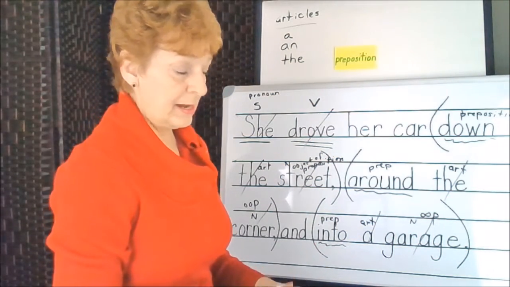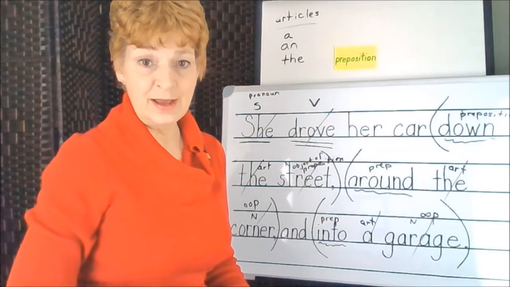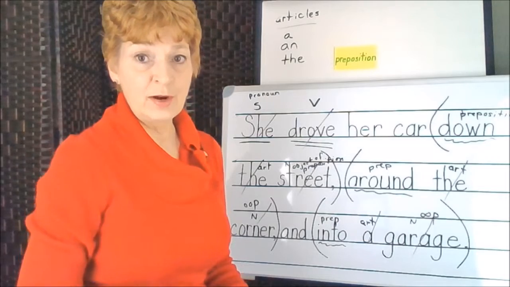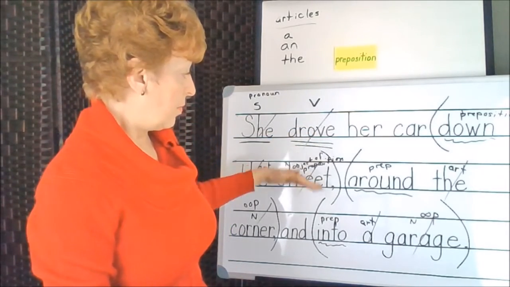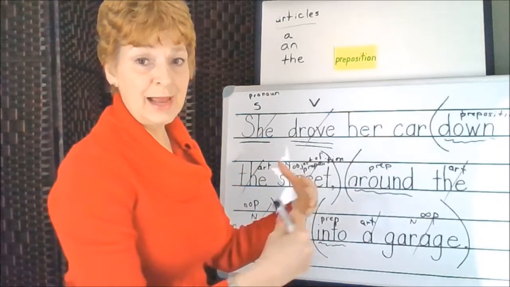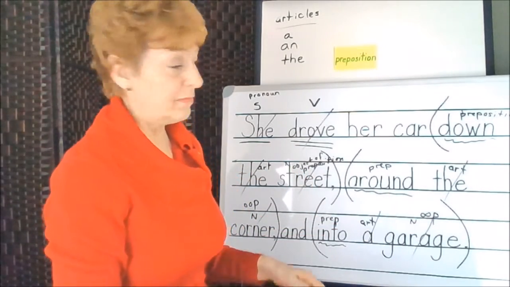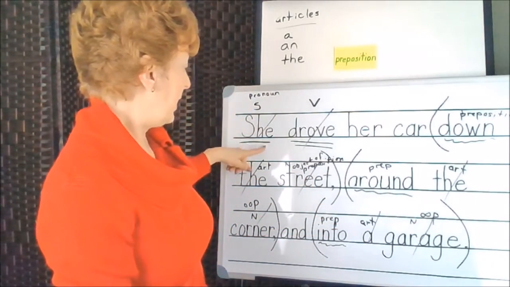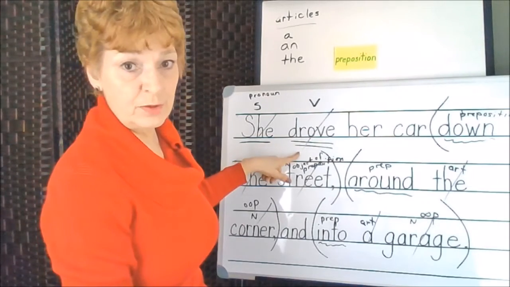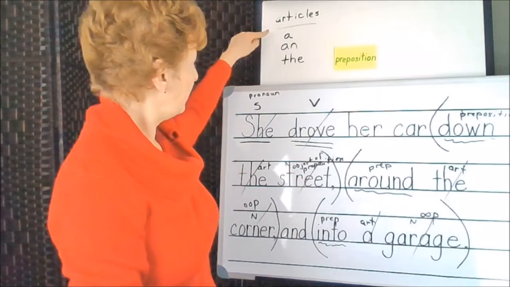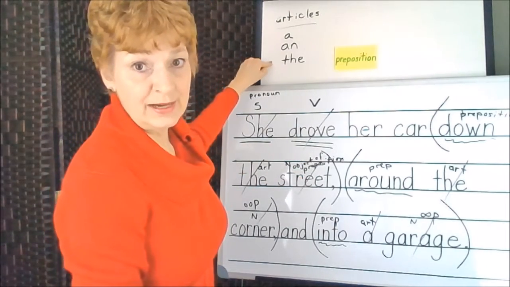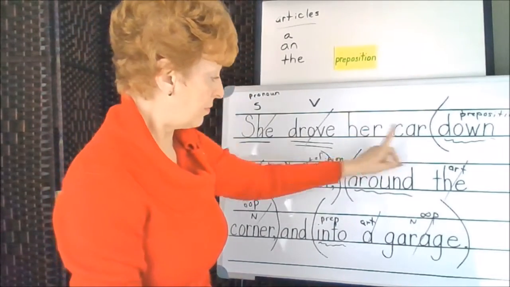So if your child's assignment was to identify or locate the prepositions, we sort of did a back-into-it function where we identified the subject and verb of the sentence and eliminated those words, looked for articles that were easy to find, a, an, and the, and we had several.